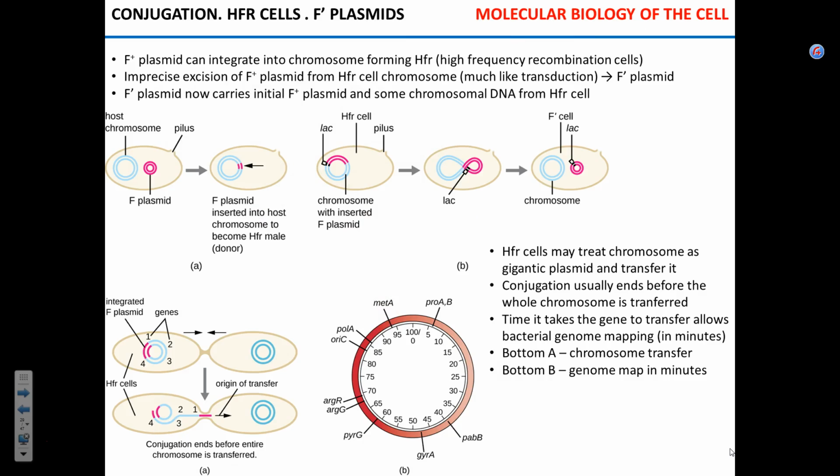Now, another way conjugation works is the formation of so-called HFR, high frequency recombination cells.